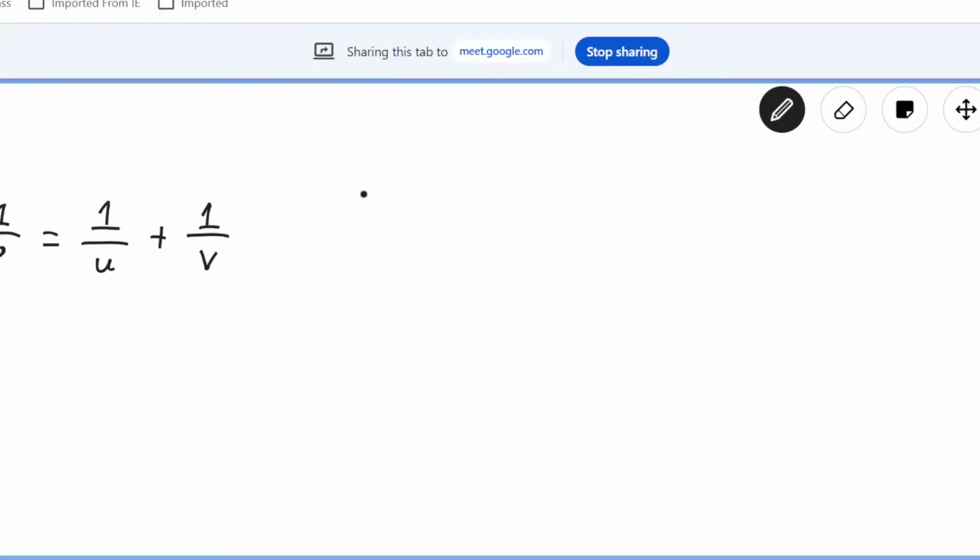What is the u and what is the v in the lens formula? Alright, so we're not studying that yet. So u is the object. Anytime you see u, it's either some object height or object distance, depending on the context.